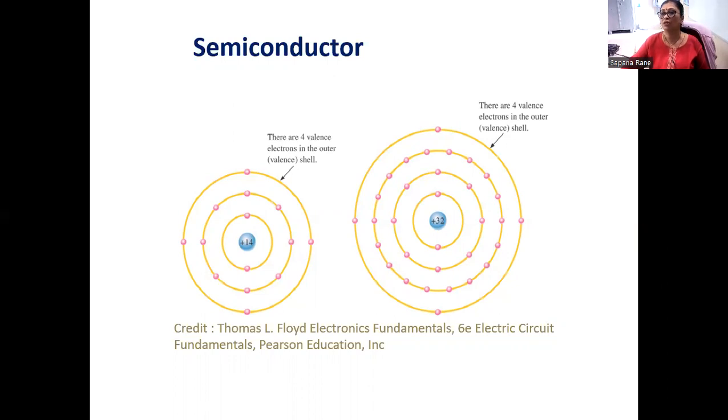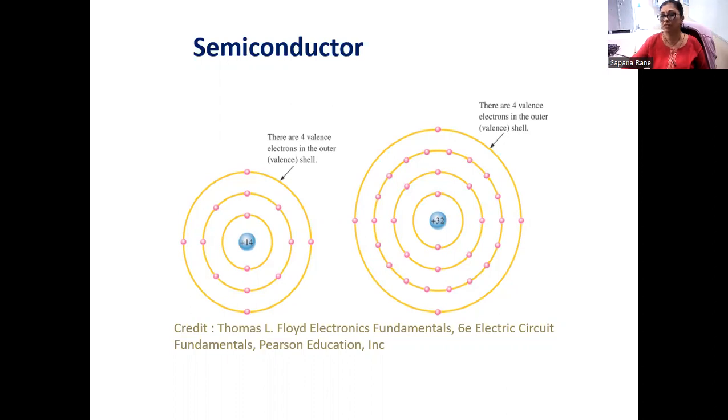Now, let us talk about semiconductors. As its name implies, a semiconductor is a material whose conductivity lies in between that of conductors and insulators. That means they work as conductors as well as insulators, so they are playing both roles.